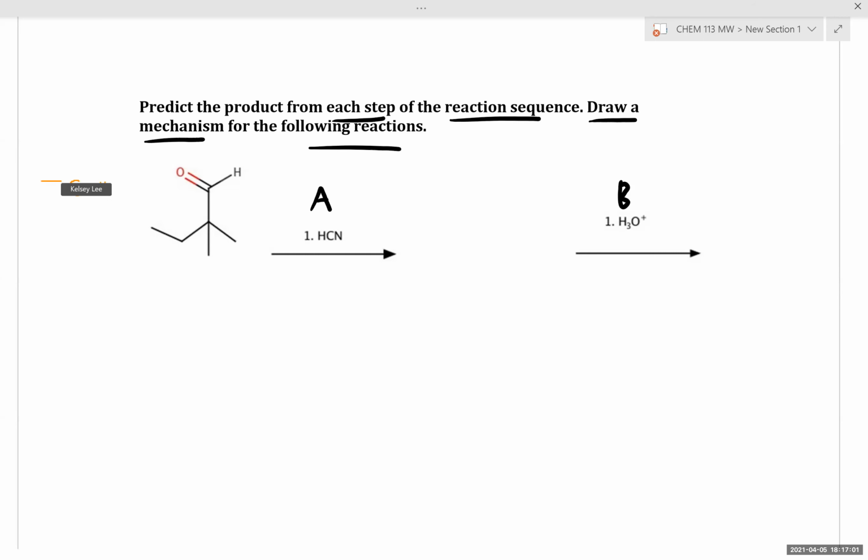So we're treating an aldehyde with an equivalent of hydrogen cyanide. So we're under acidic conditions. First step, we're going to protonate our carbonyl. From there, we have this activated protonated aldehyde, which can be readily attacked by a nucleophilic cyanide.